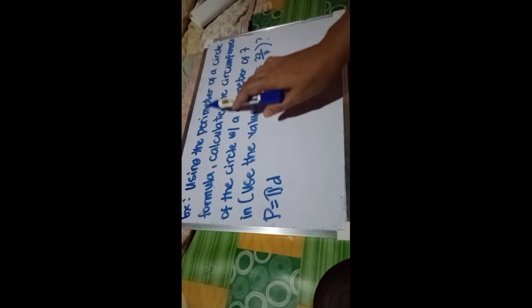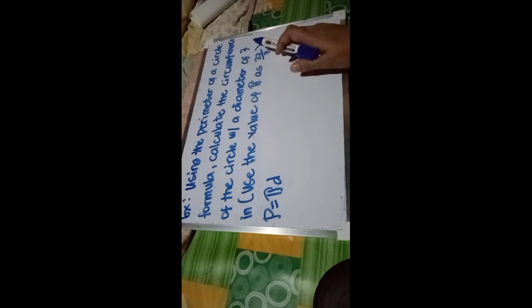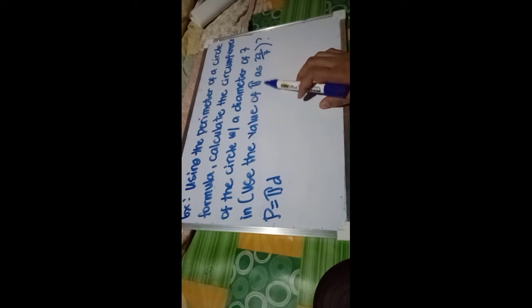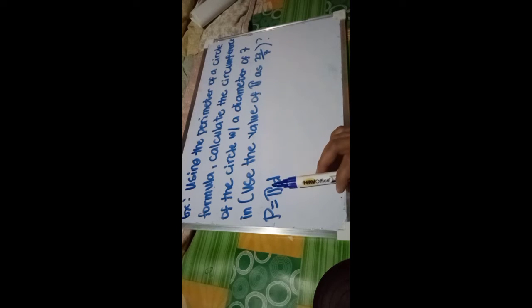Example: using the perimeter of a circle formula, calculate the circumference of the circle with a diameter of 7 inches. Use the value of pi as 22/7. The formula is perimeter equals pi times diameter.